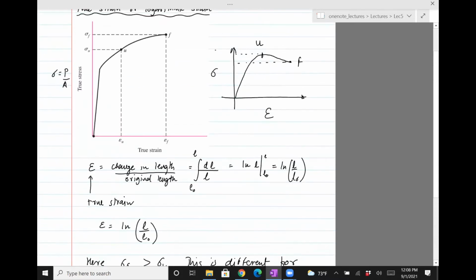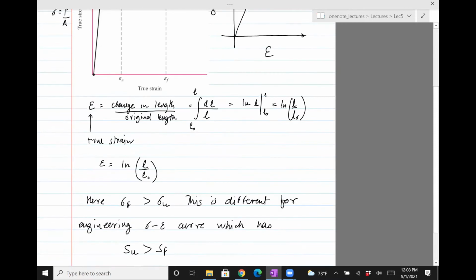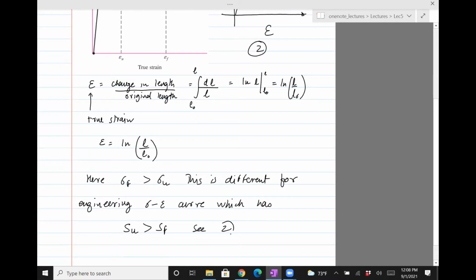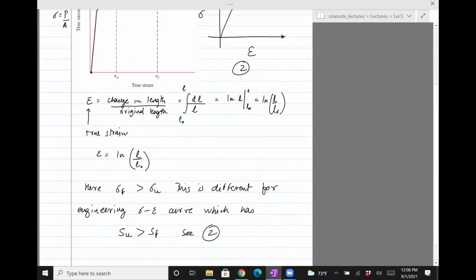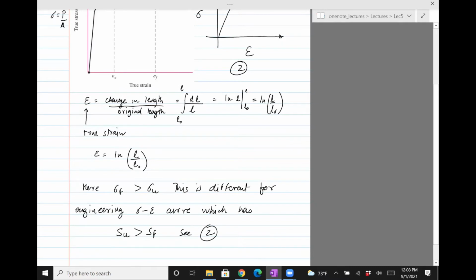So I'll just show the SU here, SF here. I've shown it for you on this plot. Normally we don't bother with this plot. We just go with the other one. I just wanted you to know that there's another strain, which is probably a more accurate way of computing the strain, which goes by the log.